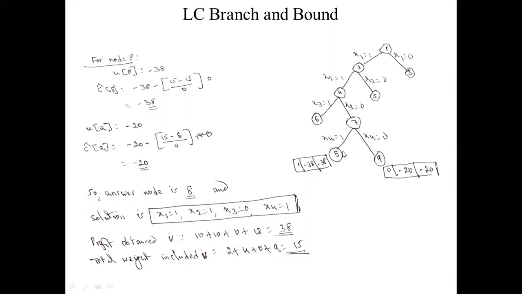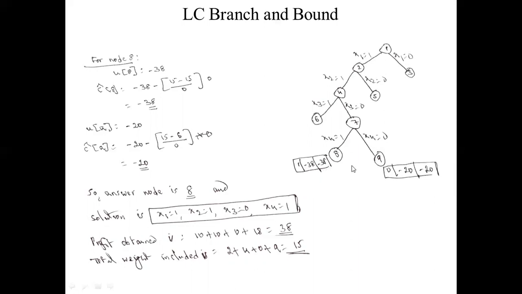So we reach the last level now. The 8th node's cost value and profit values are these two, and the 9th node's cost value and profit and weight values are these two. So the upper bound is minus 38 here, and minus 20 here. The cost value of node 8 is minus 38. The cost value of node 9 is minus 20. So element 4 is selected here, element 4 is rejected here.